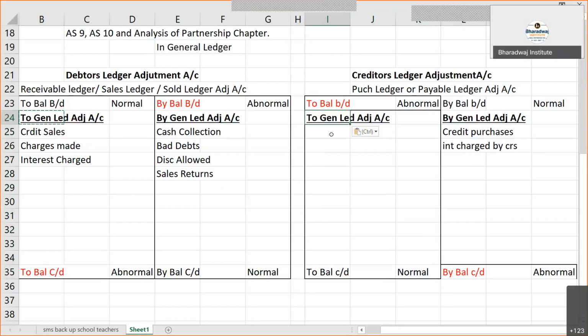Debit side, what and all we might do? Cash paid to them, purchase returns, discount received, nothing but the creditors account. Sometimes there are allowances. Allowance is a form of discount given.